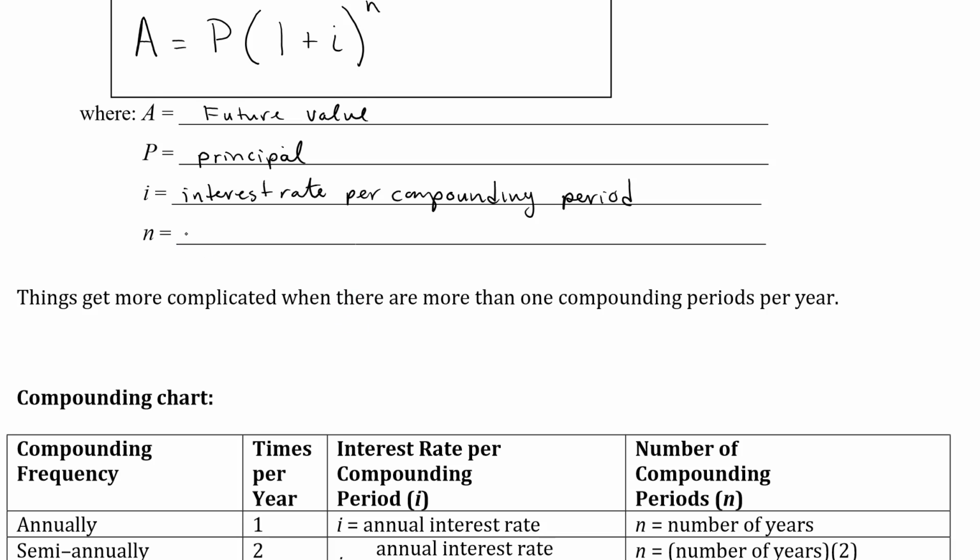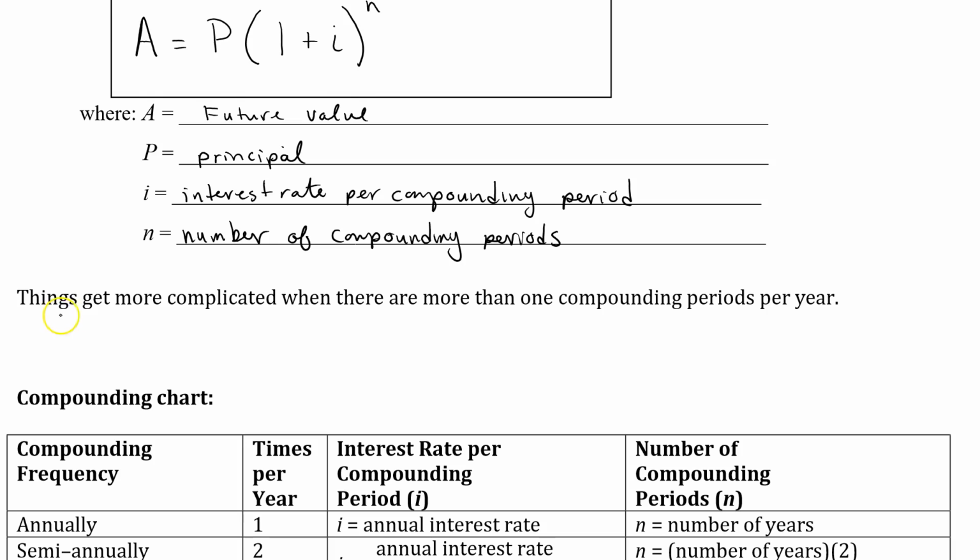And n is the number of compounding periods. It's the number of times per year that the interest gets added onto the principal so that it can get reinvested.